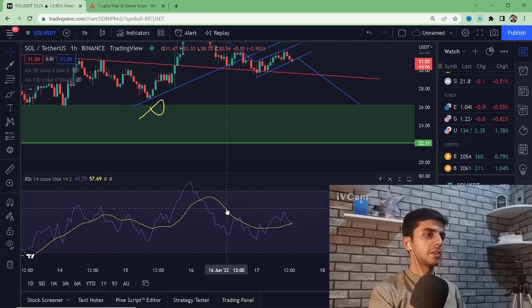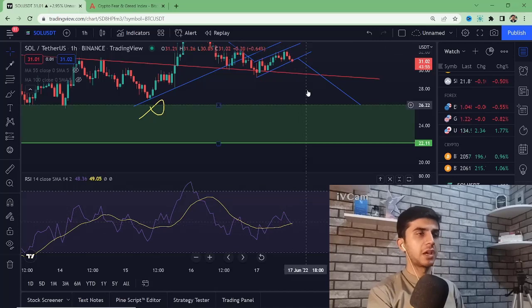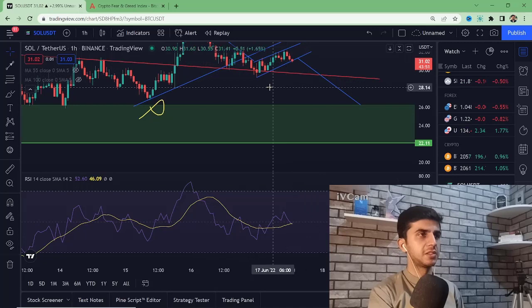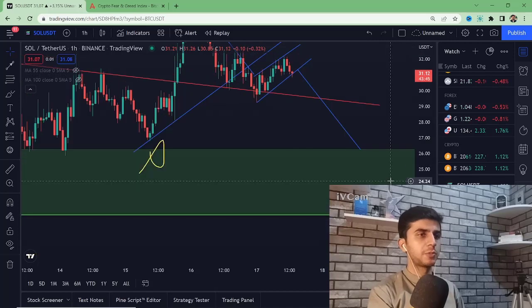The RSI seems to have just entered the bullish territory, and it seems to be going back and crossing this yellow line. So we can expect the price to come down somewhere in the low places and create another lower low, just like the previous one. That's what you should be expecting for Solana.